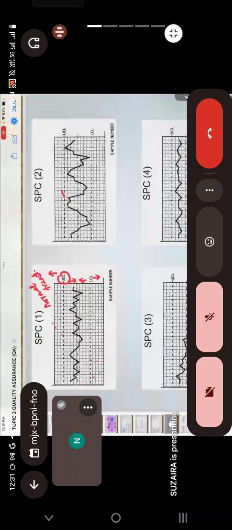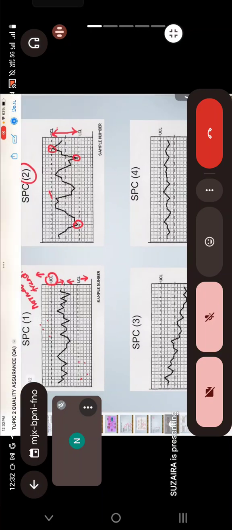Whereas SPC number 2 is still in between the UCL and LCL, but the cycle is sometimes high and then low, so it's not balanced, but still in between the lines. This is still normal, but nearly somewhat outliers. If it goes beyond this line, we consider that point an outlier.